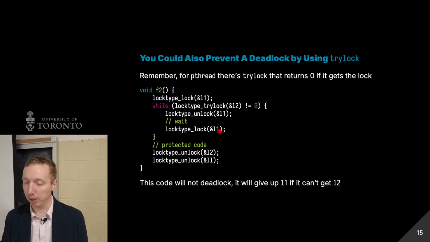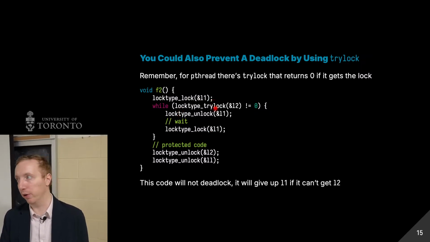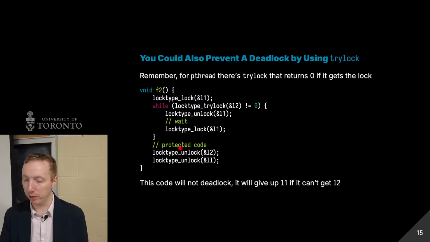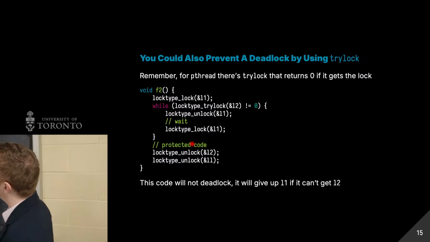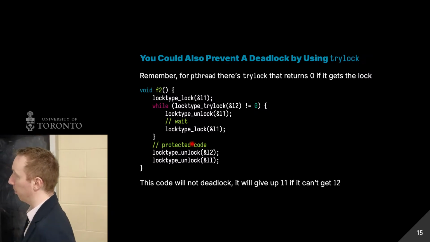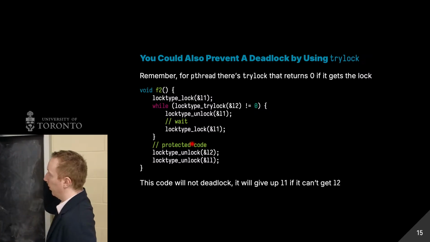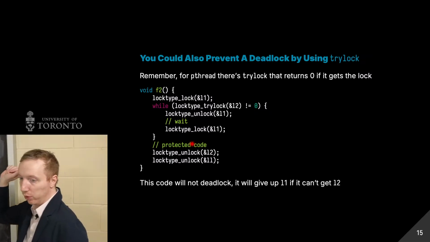That will make me wait until I actually get lock 1. Then after I get it, I try to get lock 2 again. If I don't, the same thing happens. If I do, I run the protected code with both locks. So this is another way I can break the deadlock. So, questions about that? Cool.